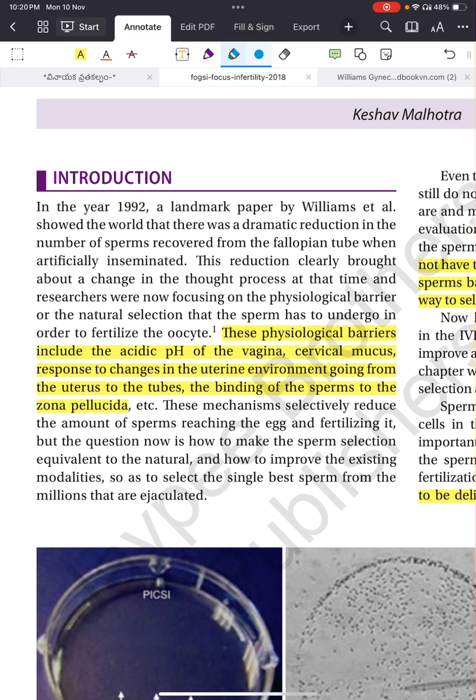The acidic pH of the vagina kills sperm. Cervical mucus doesn't allow sperm to go inside. Coming to the uterus, there are uterine environmental changes. From the uterus to the tube, again environmental changes occur, so many sperms die there too. Finally, sperm bind to the zona pellucida. So there are so many barriers for the sperms.